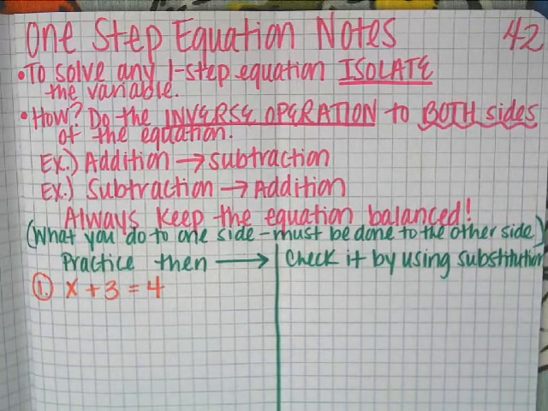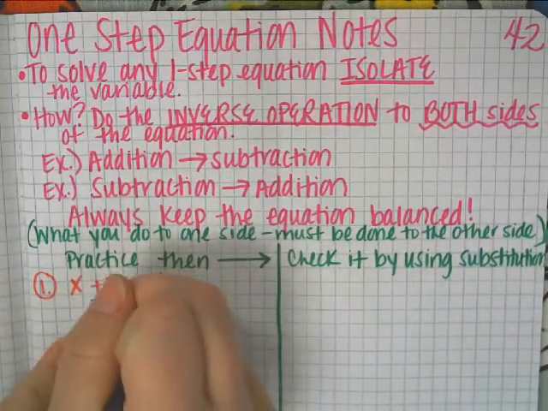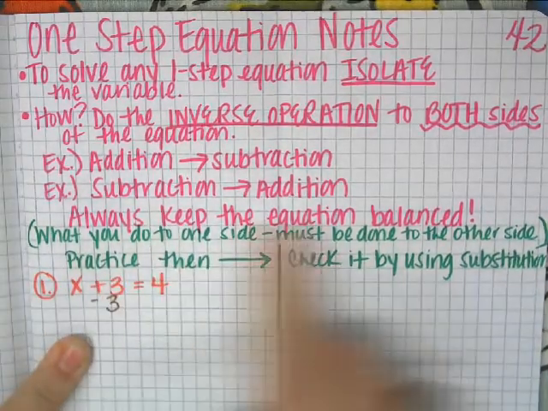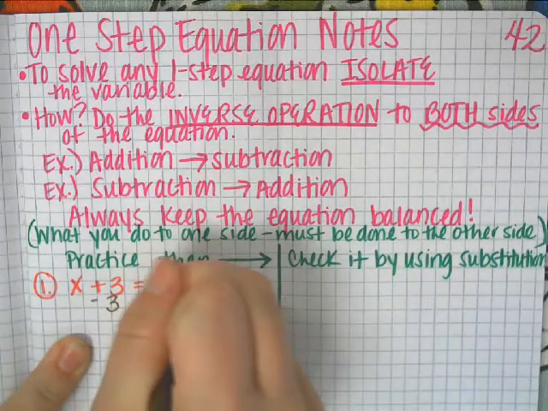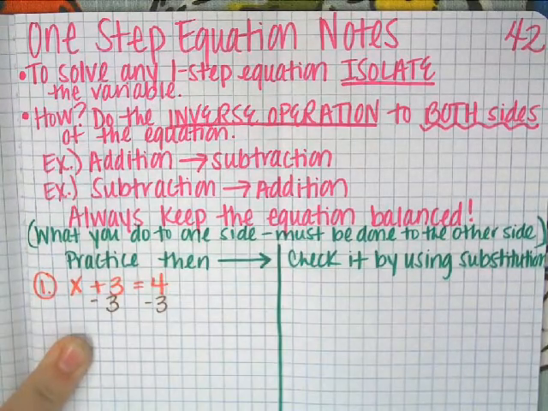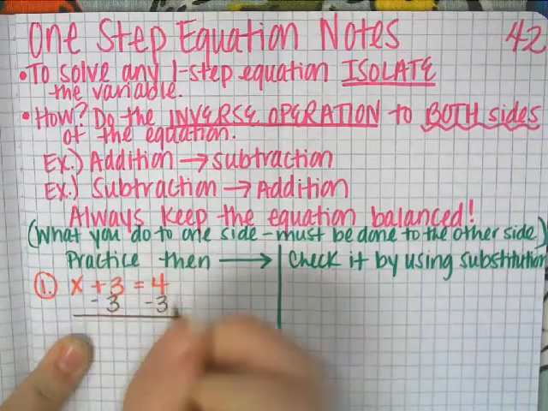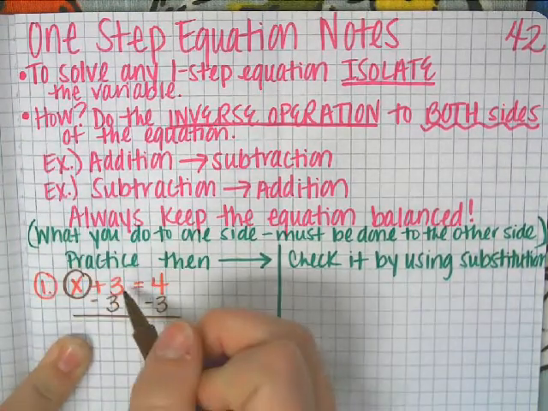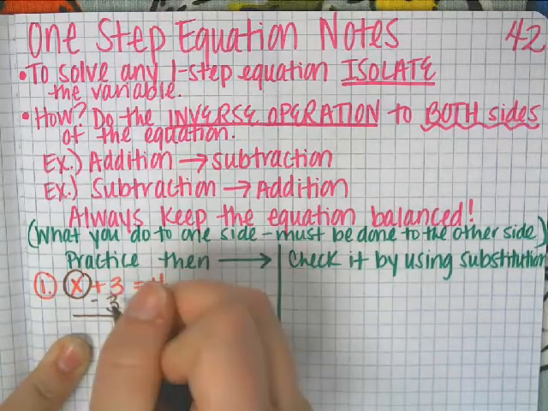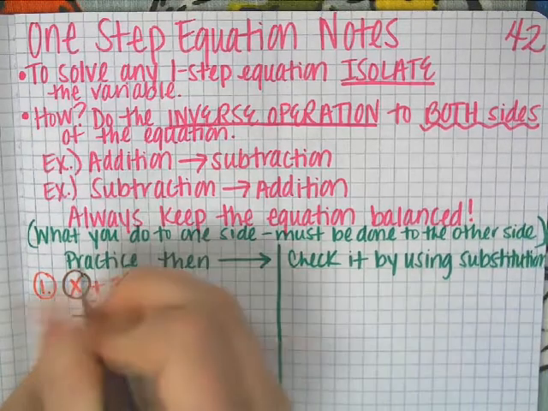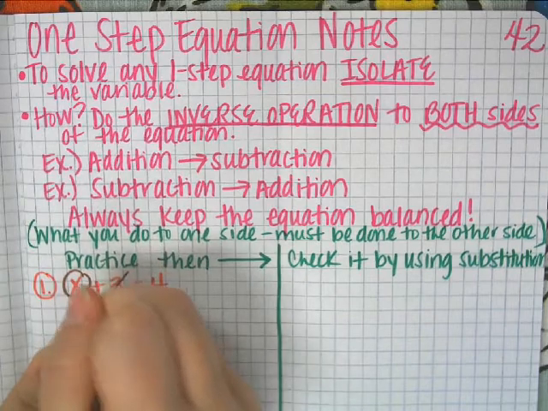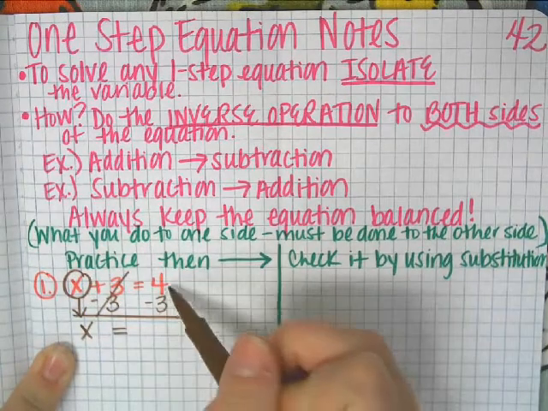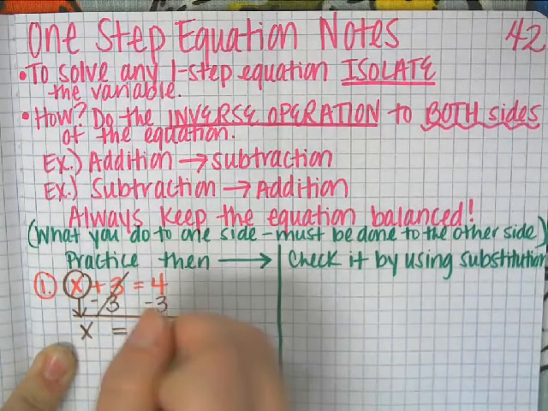All right, subtract 3 from the left. To keep it balanced, I've got to subtract 3 from the right. Doing so isolates my variable x. When I have plus 3 and minus 3, those actually cancel out. I can bring down the x, and x equals 4 minus 3, which is 1.